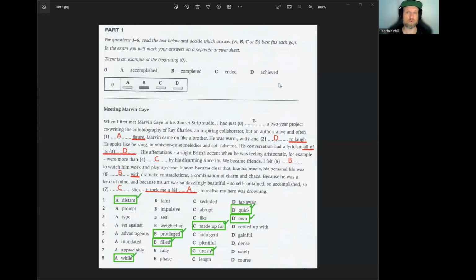Obviously your range of vocabulary needs to be really good here. We are working at C2 level now, so there are no more excuses. You need to be ready when you do this. So this is part 1. Let me clear out my annotations here and let's move on.